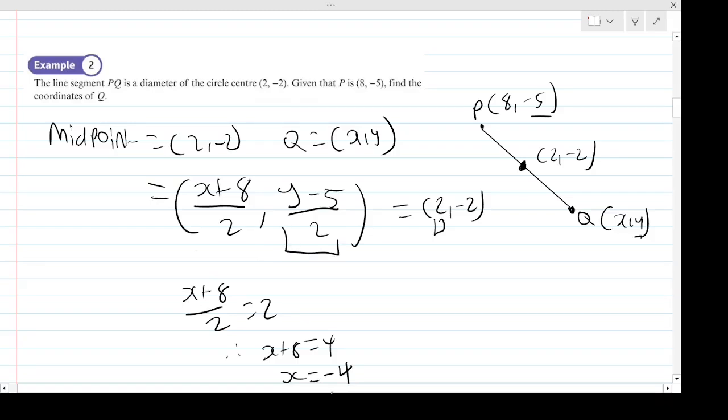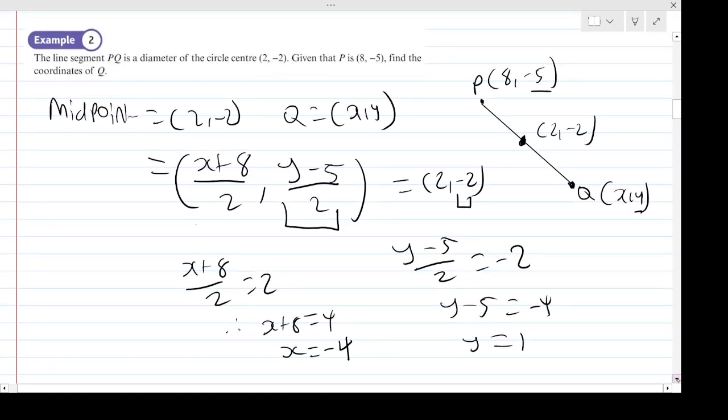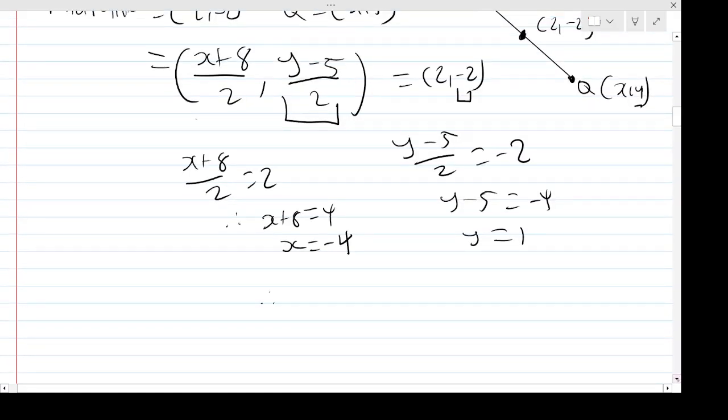So this y part has to equal -2. So (y - 5) over 2 equals -2. Times across by 2, I get y - 5 is -4. Then if I add 5 to both sides, I get +1. Okay. Therefore, the coordinate Q is (x, y), that's (-4, 1). Cool.